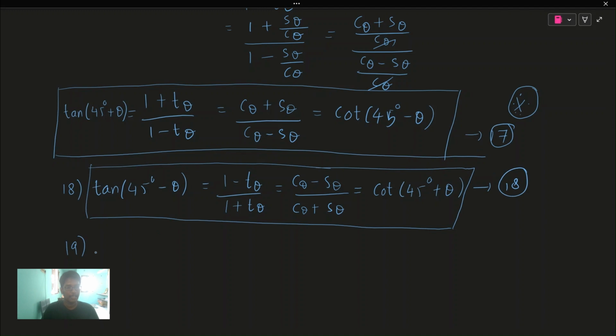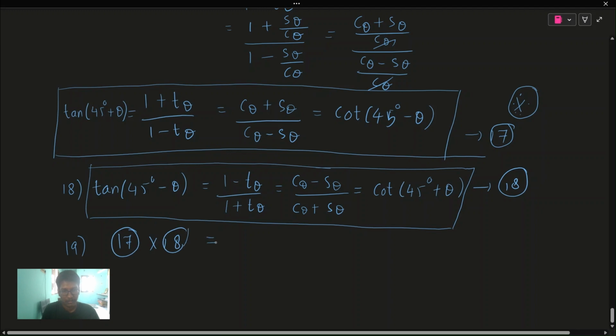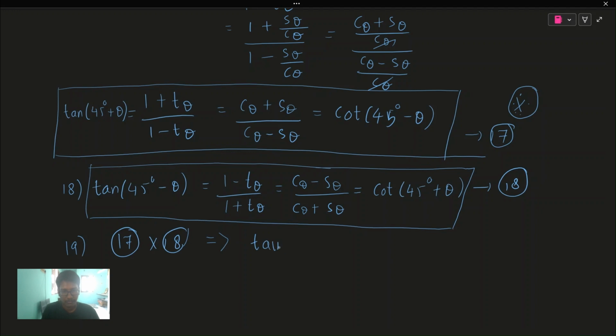So it's basically a reversal of numerator and denominator. It's just a reciprocal. So what if we multiply both of them, 17 into 18? That would give you tan of 45 degrees plus theta times tan of 45 minus theta equal to 1.